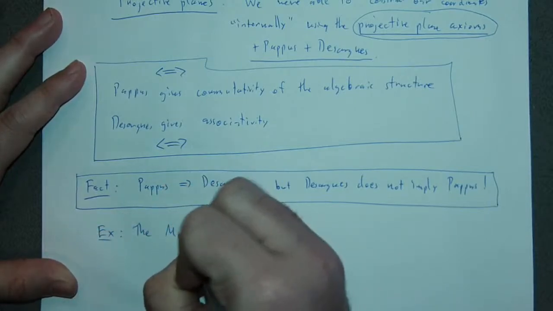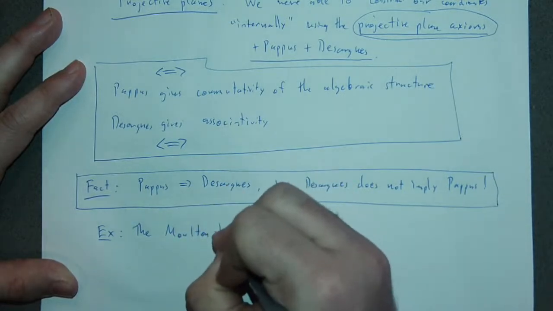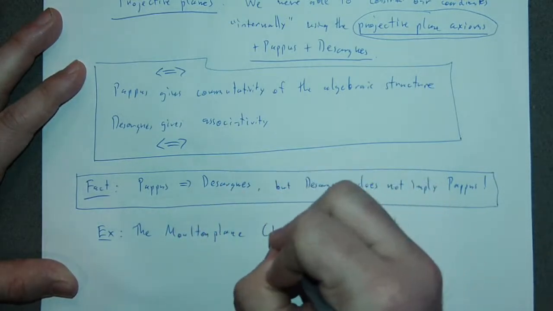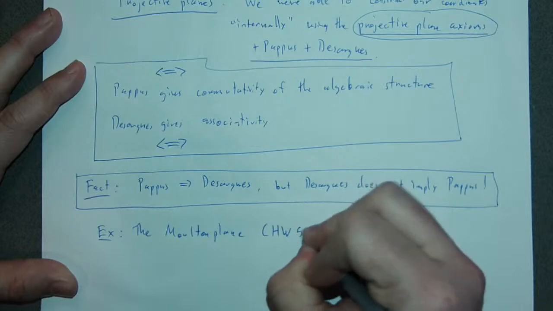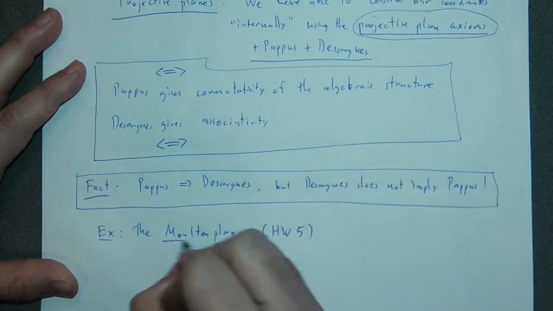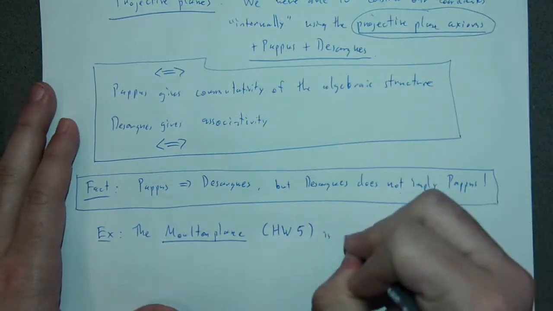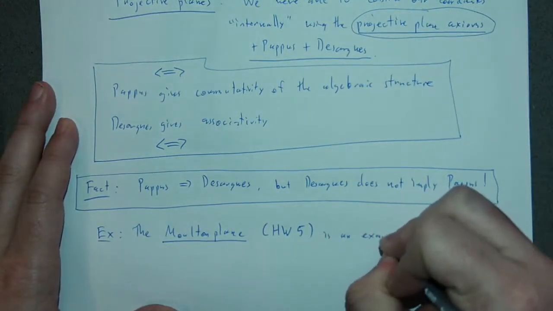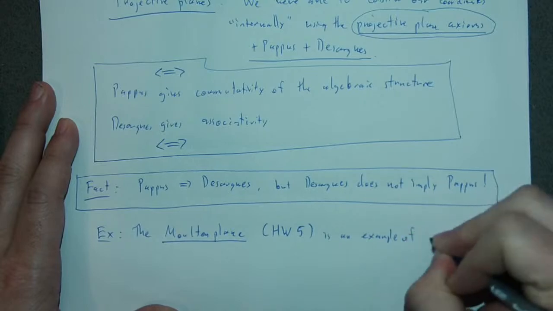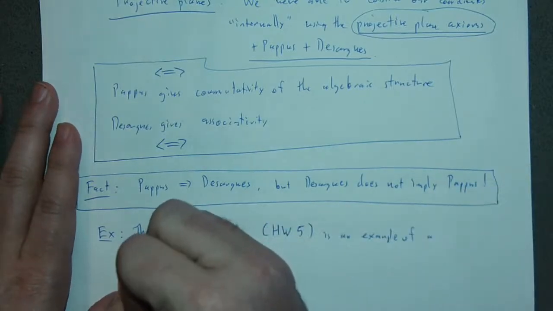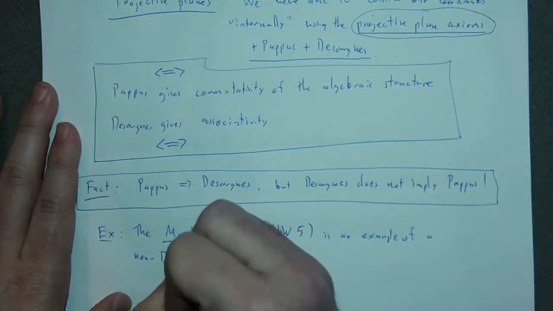The Moulton plane. So this is your homework 5 construction that you're dealing with, is an example of a non-Desarguesian plane.